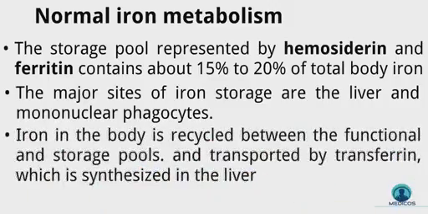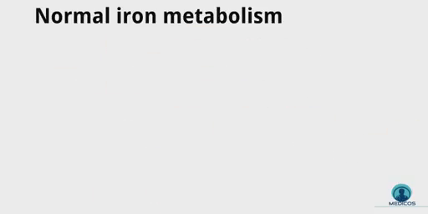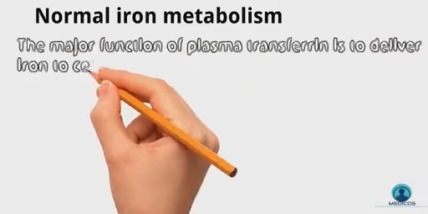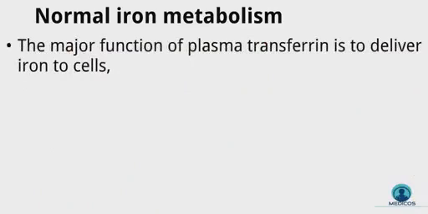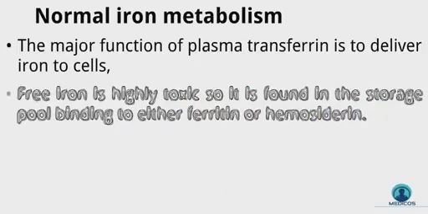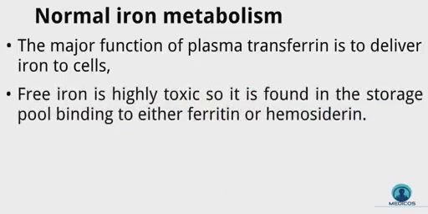It is transported in plasma by an iron-binding glycoprotein called transferrin, which is synthesized in the liver. The major function of plasma transferrin is to deliver iron to cells, including erythroid precursors, which require iron to synthesize hemoglobin. Free iron is highly toxic, and it is therefore important that storage iron be sequestered.